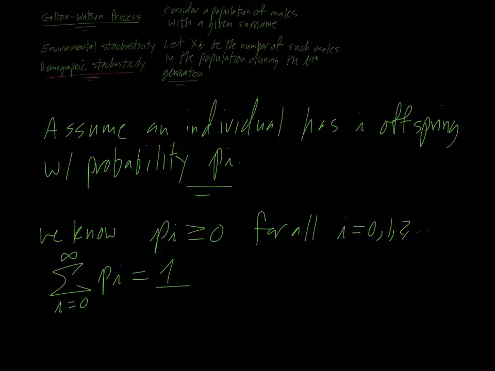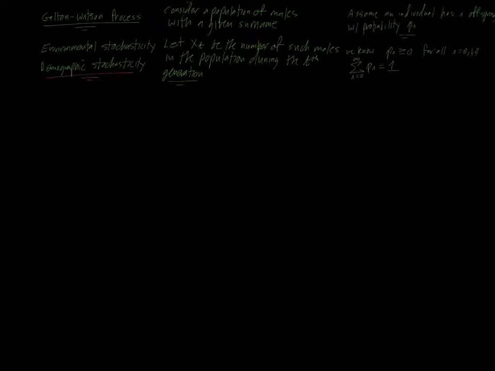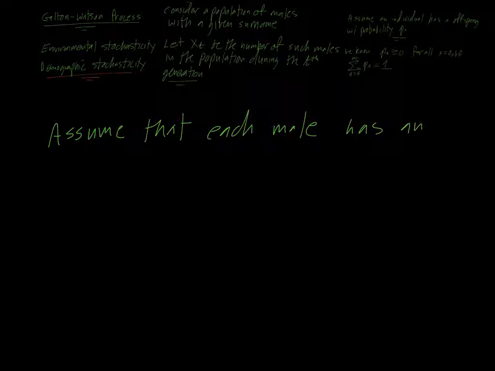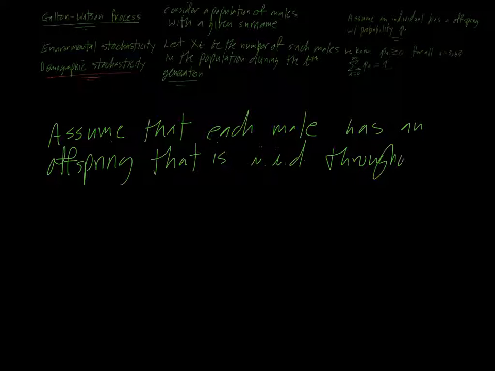Okay? The next assumption that we're going to make is that individuals, and this is a big assumption, and it's generally violated in practice, but we're going to assume that each male has an offspring success that is independent and identically distributed throughout his family.